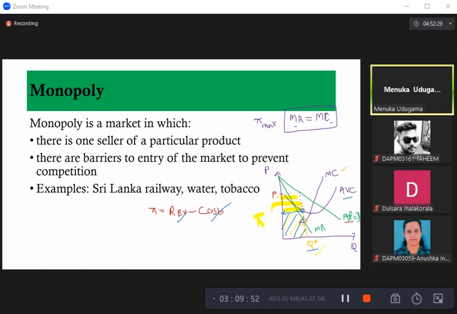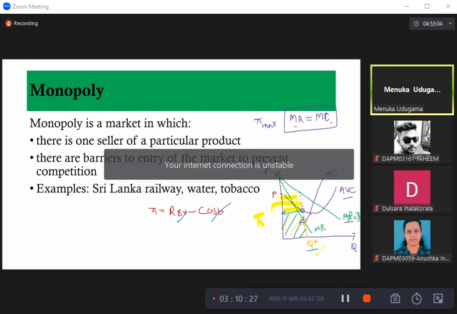Or you can charge different prices for different categories. For example, in an airline, in the economy class, if you buy upfront in advance, you might pay more, but towards the end, they usually sell whatever seats are available at a cheaper price.